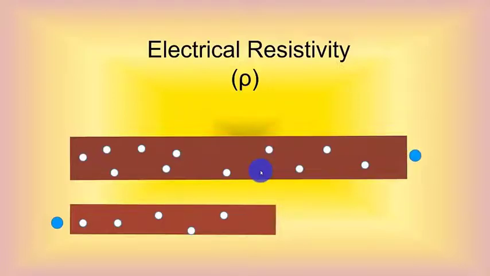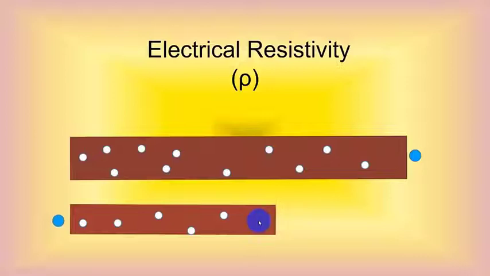So we can conclude that the resistance is more in the first case. The possibility of resistance is higher, and hence the resistance R is directly proportional to the length of the conductor. If the length is large, then the resistance is more.